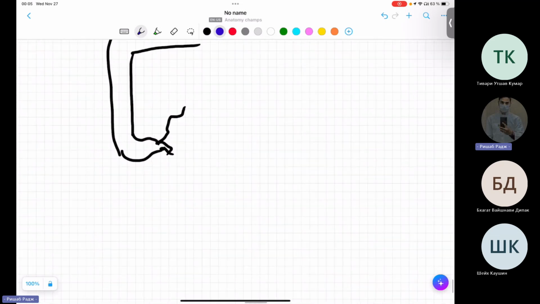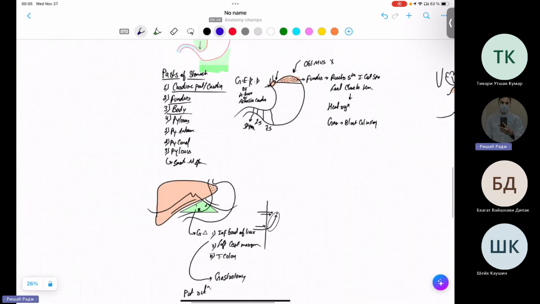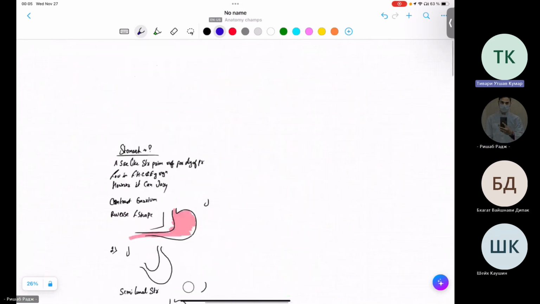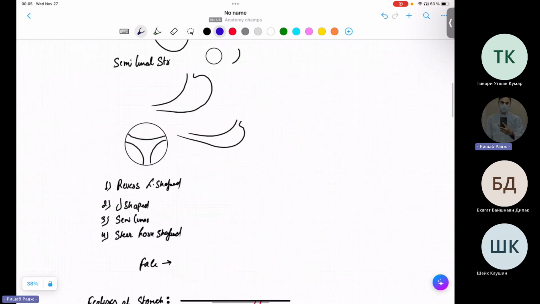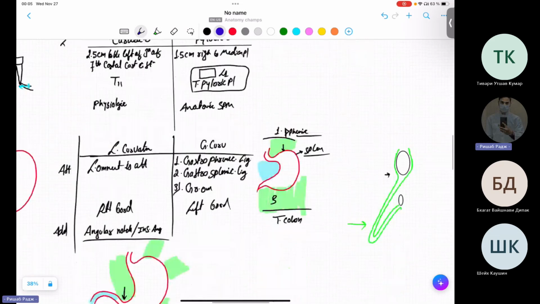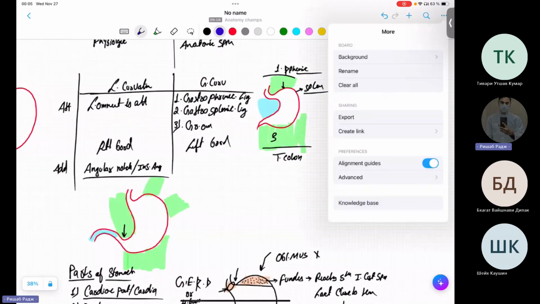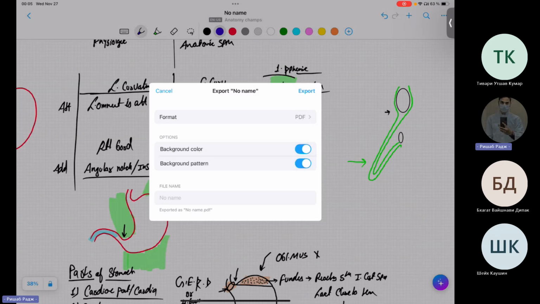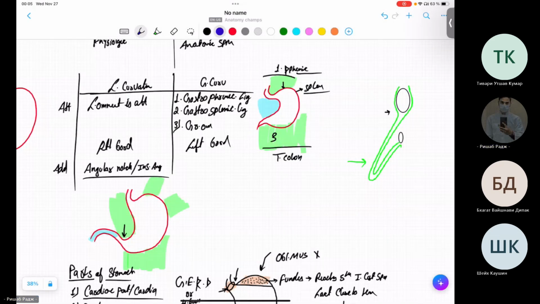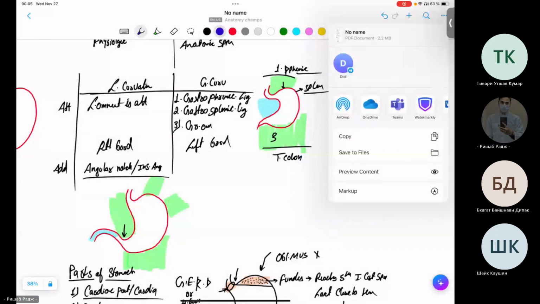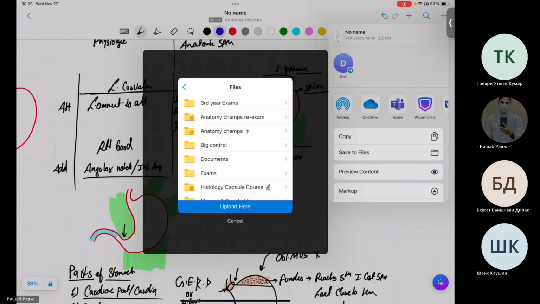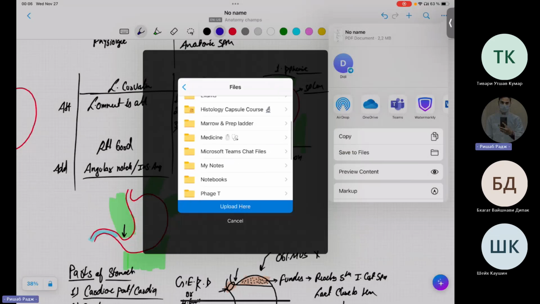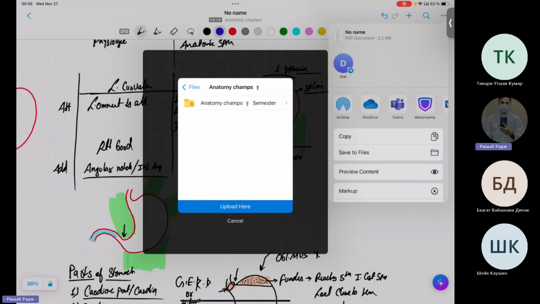How was the session? Good. Was it hectic? Did you understand everything? Not hectic. Guys, do you want this template, these annotations? Yes, Bhaiya. Okay, I will just export it. I am uploading it here.